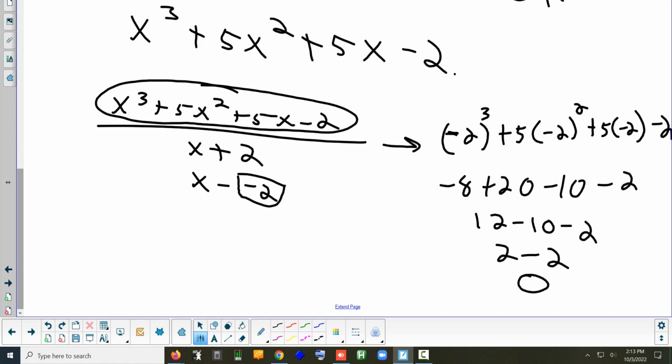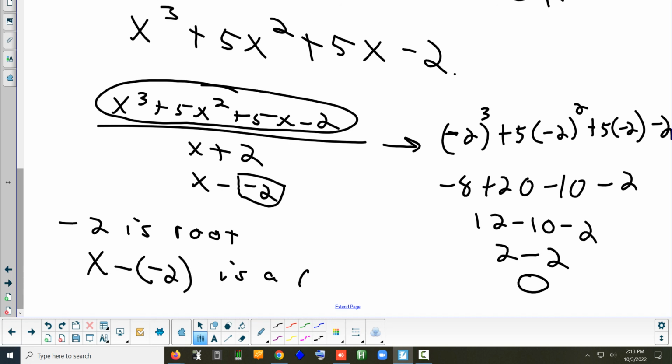But if -2 was a root, what did we prove was a factor in this problem? We proved -2 was a root, because when we plugged it in, we got 0. If -2 is a root, x minus that number is a factor.